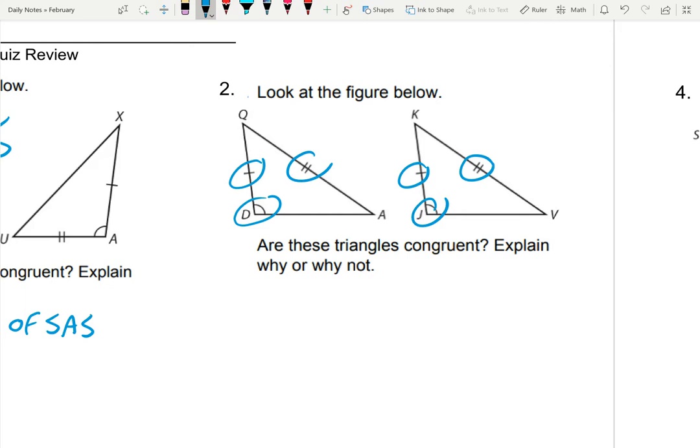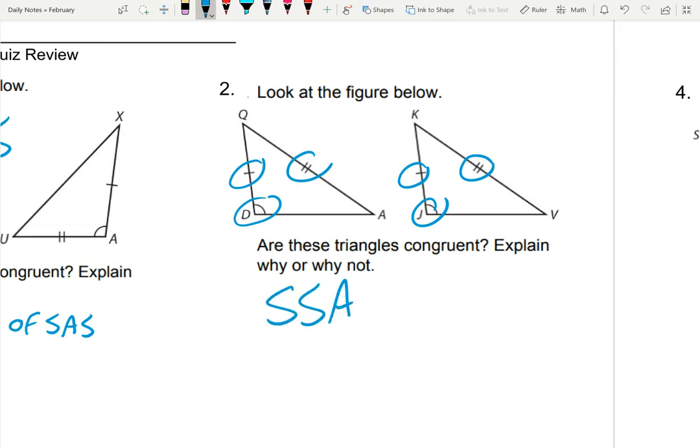However, the angle is not between the two sides. The angle is opposite of those two sides. So what we have here is something that actually is not congruent. We do see that they have two sides and an angle matching.